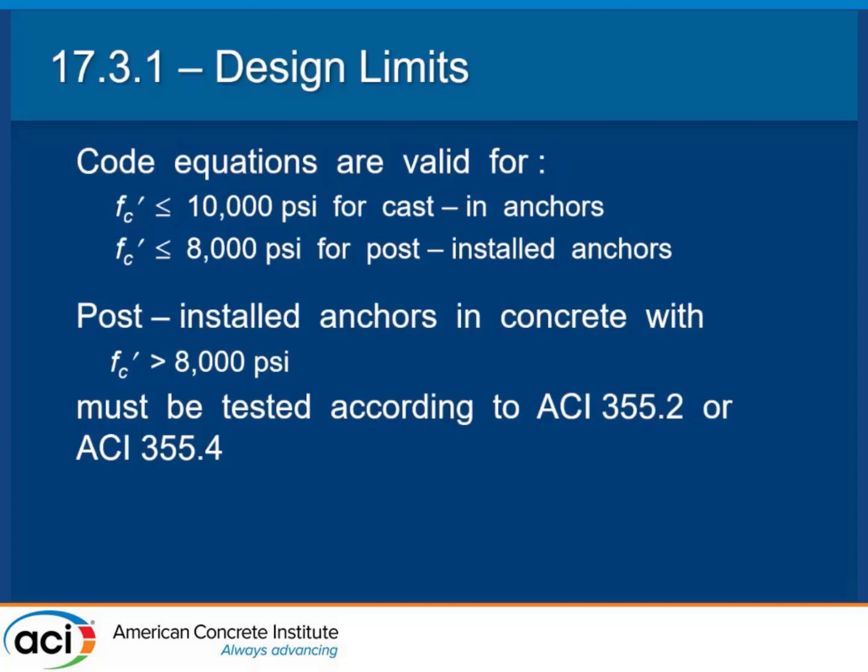We did try for a while to give some basic information so you can get a preliminary analysis done using post-installed anchors. That's largely gone away. Really, you just have to use what the manufacturer's testing gives you, and they might have something that goes above 8,000 PSI. As long as they've run the protocols and made the sheet, then you're good to go.